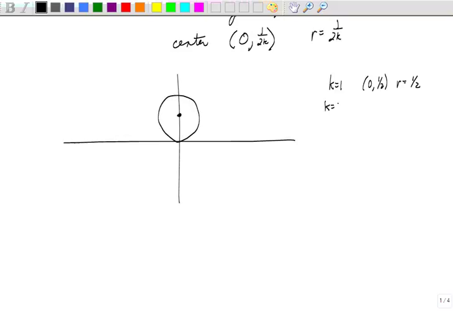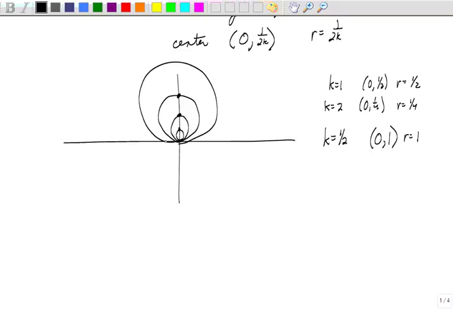When k is 2, we have 0, 1/4. The radius is 1/4. Okay, if you do a few more, you're going to keep getting circles in here. And let me do a fraction. When k is a half, we're going to get 0, 1. The radius is 1. And then you can do the negatives.